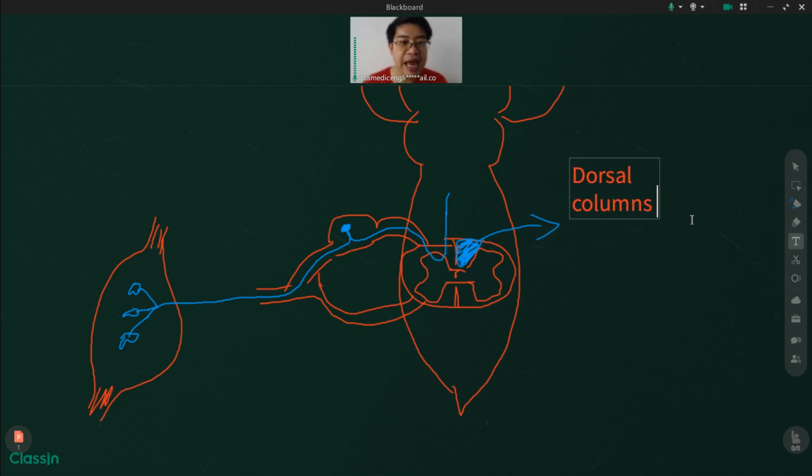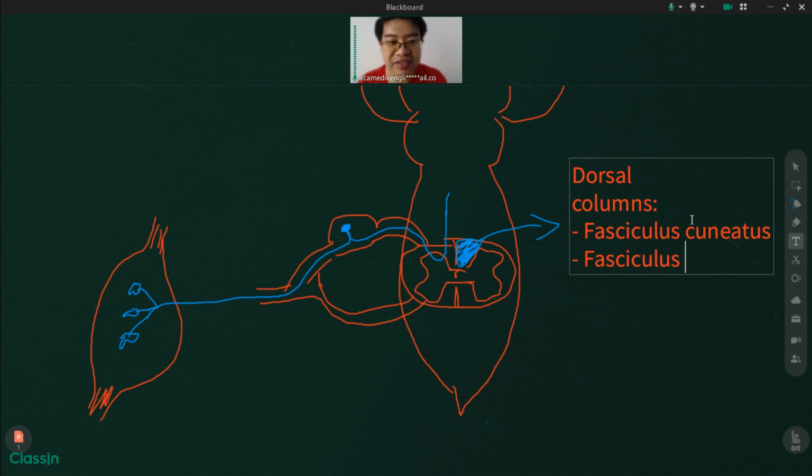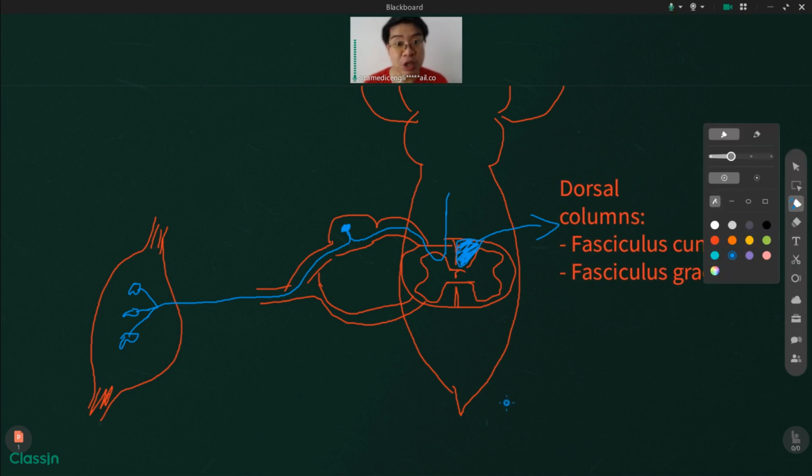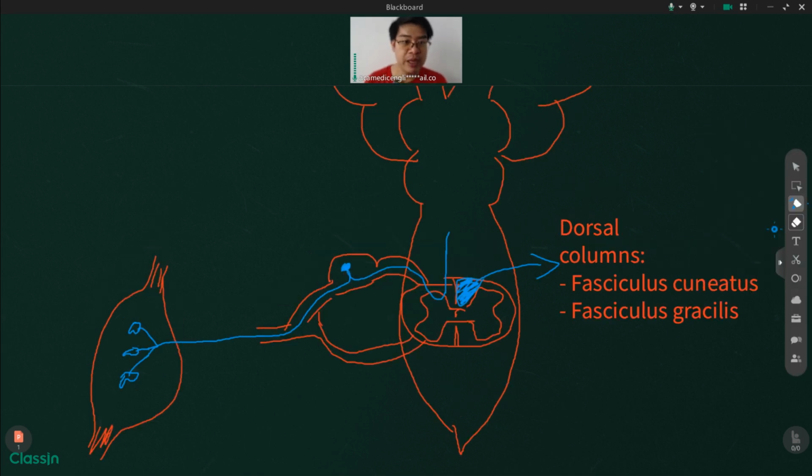If not, there are two types of dorsal columns: number one, fasciculus cuneatus, and number two, fasciculus gracilis. Now are they more familiar to you? They should be. Now, the dorsal columns, fasciculus cuneatus and fasciculus gracilis, are going to conduct these first order neurons all the way to the medulla, where they will synapse right here.